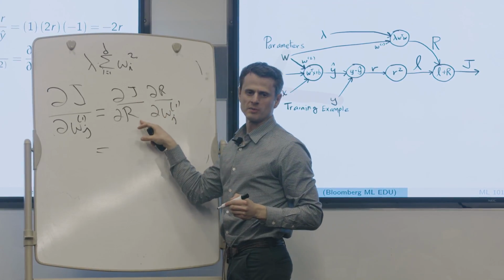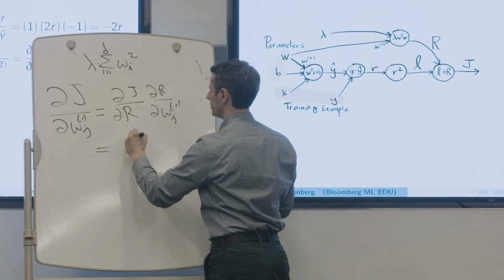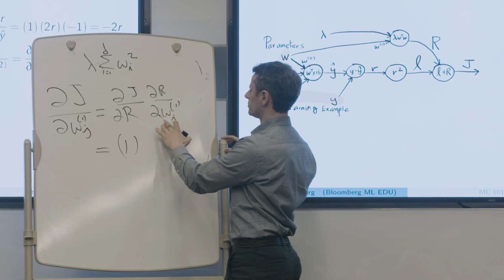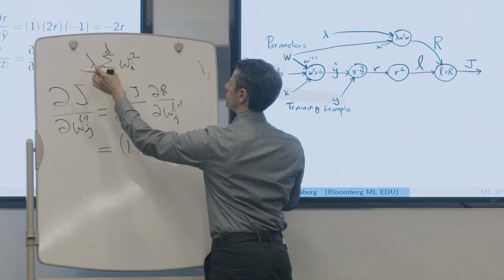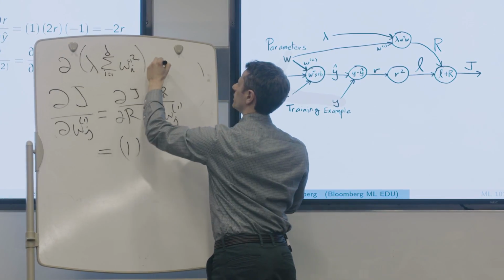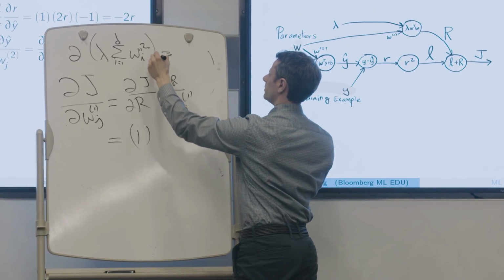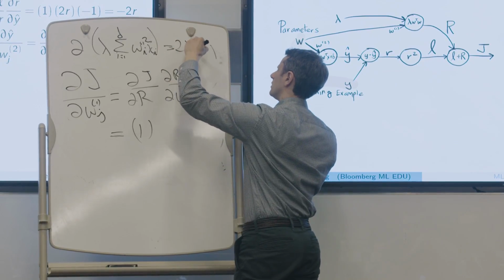What's partial J with respect to R? 1, trivially. And R with respect to the jth component of W1. We differentiate this. It's just with respect to W. Oh, I left something off here, huh? So that's just going to be 2 lambda.